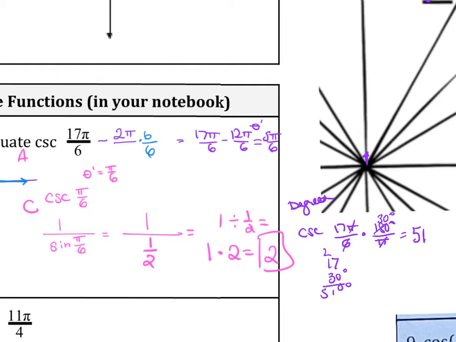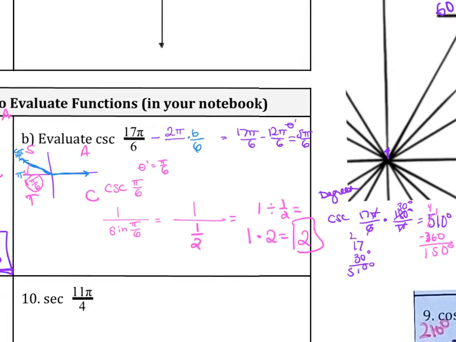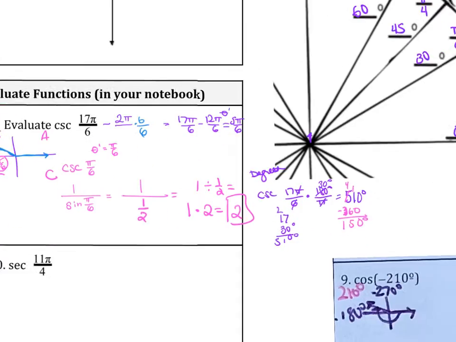We know that that is greater than 360 degrees, so let's go ahead and subtract so we can figure out where it ends. So this is 150 degrees. Let's figure out where 150 degrees is. Here.